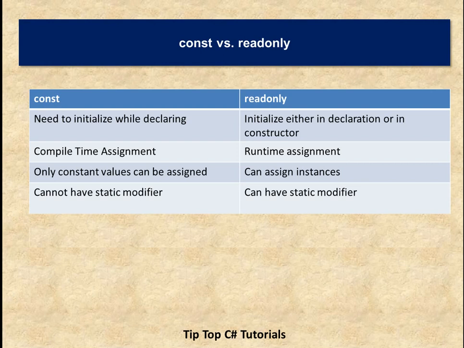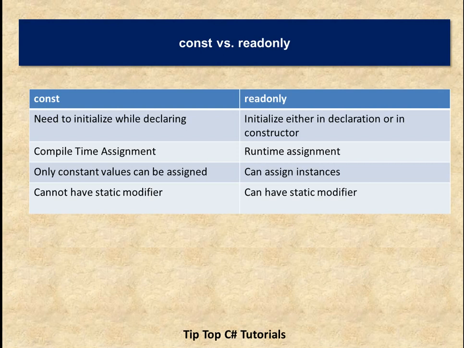For example, private const string equal to "hello world" is permissible, whereas private const MyClass m equal to new MyClass is not a valid scenario for a constant because it's a runtime allocation. Whereas readonly is definitely a perfect fit for such a statement. So only constant values can be assigned to a const, while readonly can even have instances assigned to it while declaring or in the constructor.